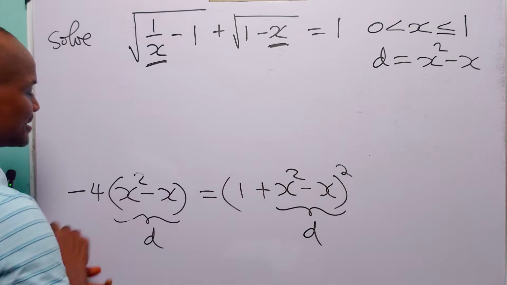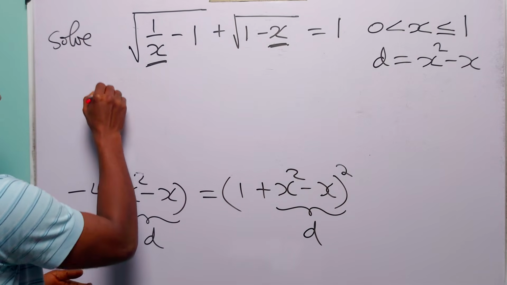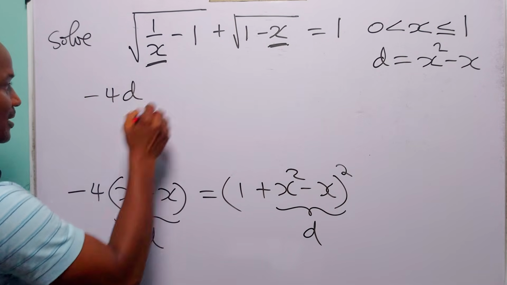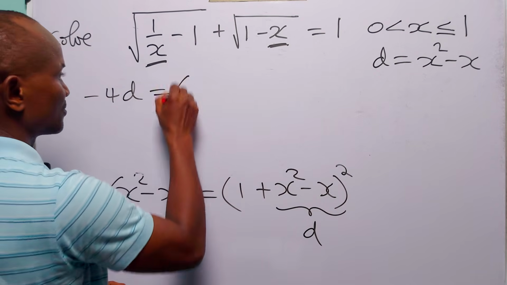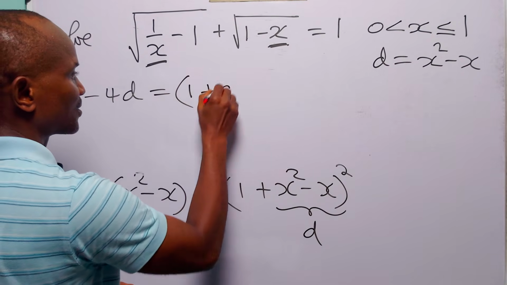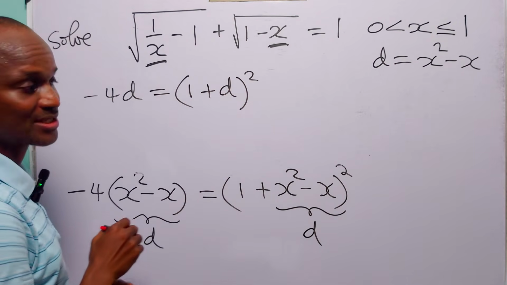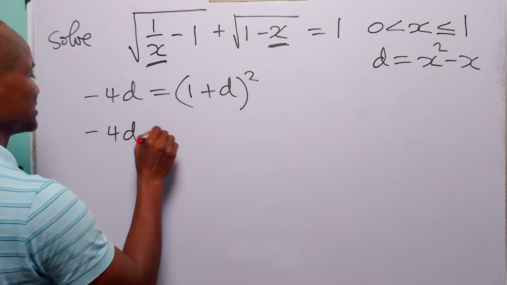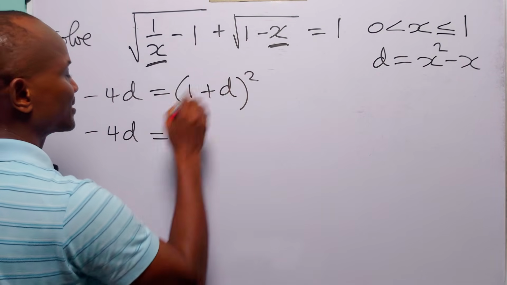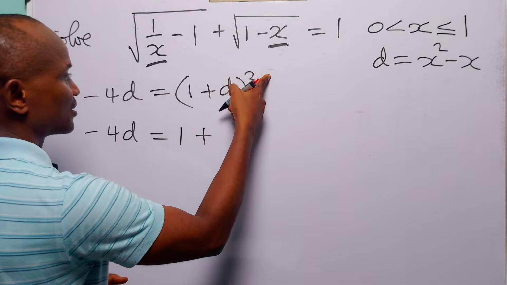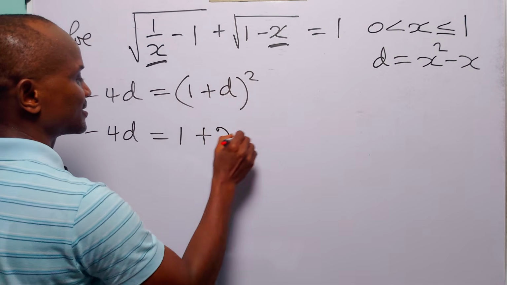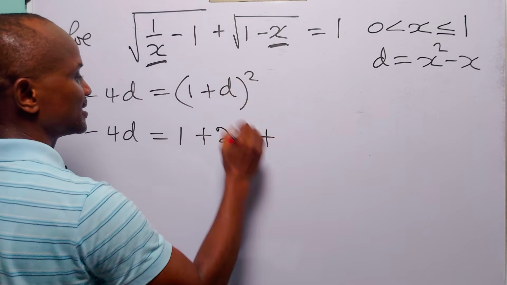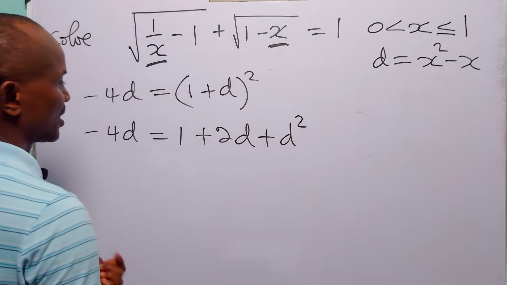That means that we can write this equation as minus 4d is equal to 1 plus d squared. And from here we have that minus 4d is equal to 1 squared plus 2 times 1 times d, that is 2d, plus d squared.